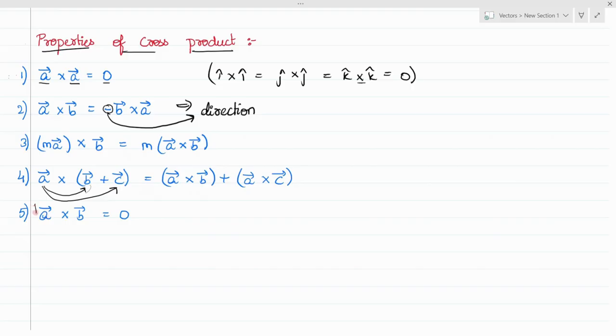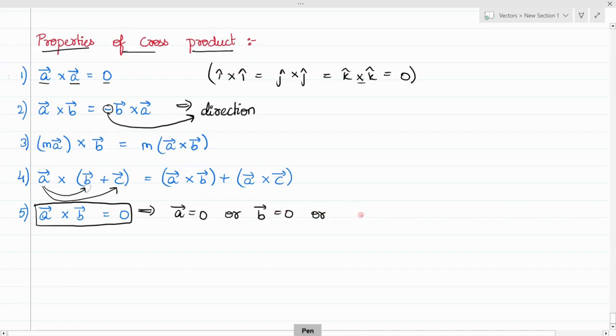Next, the last and the most important: A cross B is equal to 0. What does it tell? It tells that there are three conditions. A vector might be 0, or B vector might be 0, or, if A cross B is 0, there is a chance that sine theta might be 0.